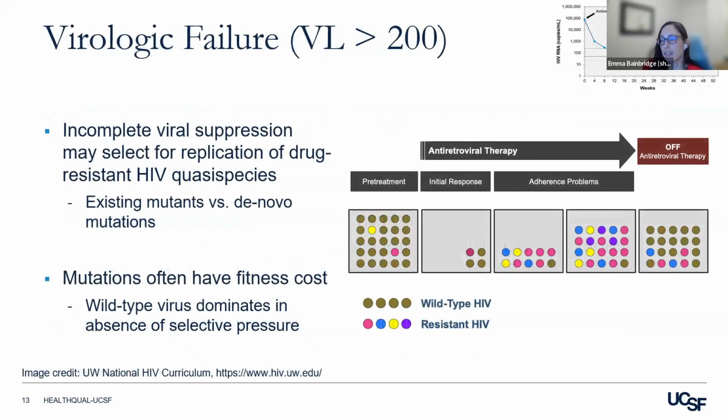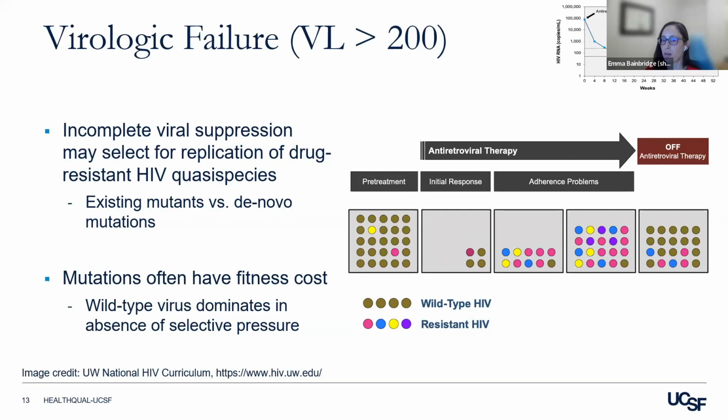And then finally, moving on to virologic failure, I just want to spend a minute talking about how having a viral load above 200 provides the opportunity to develop resistance. And so we'll use this graphic here on the right to walk through that. There are a lot of reasons that patients may have incomplete suppression: low potency ART, low drug levels for various reasons.